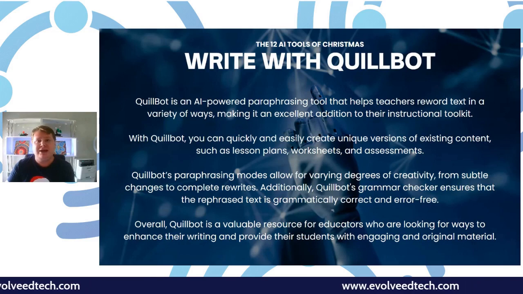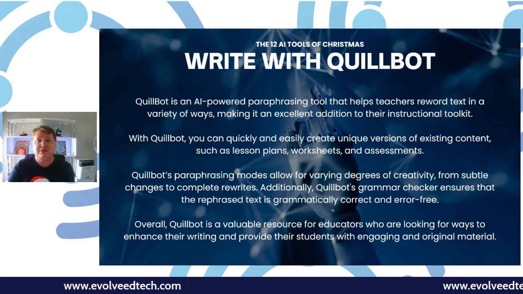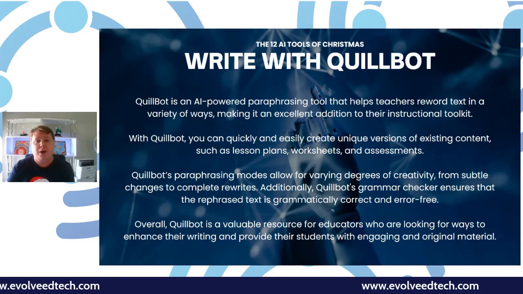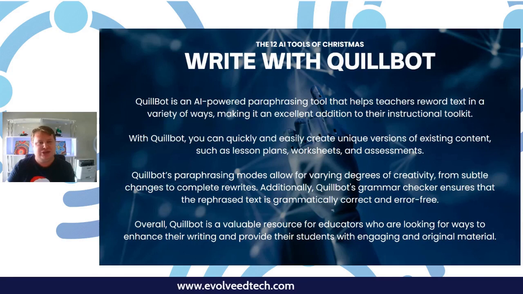So Quillbot is an AI-powered paraphrasing tool that is really useful and beneficial for teachers. It can help you reword text in a variety of ways, making it an excellent addition to your instructional toolkit. We always like to make sure that we have different information, but sometimes it takes a lot of time to get that.